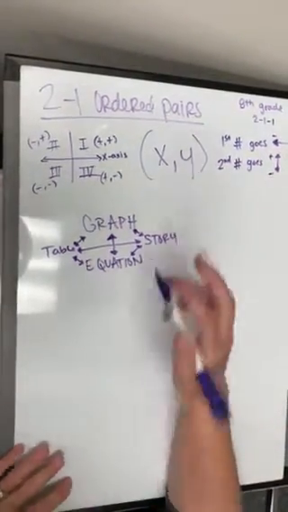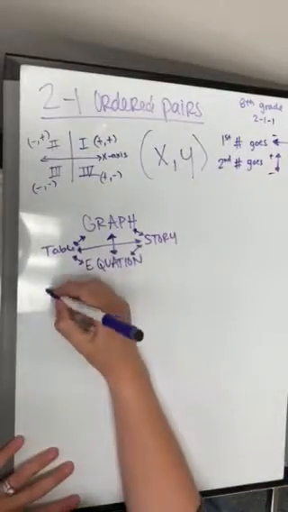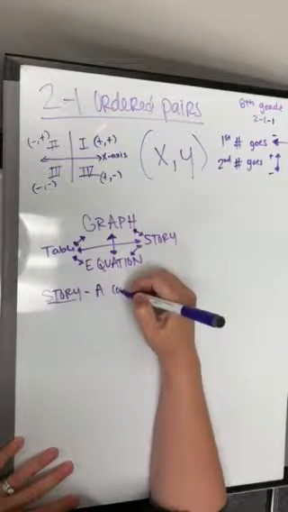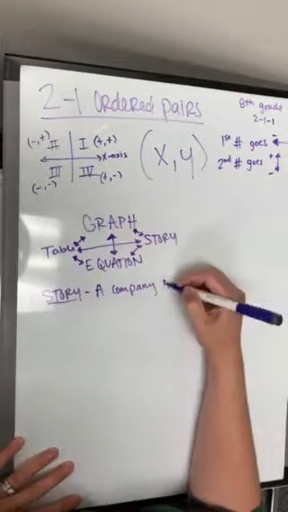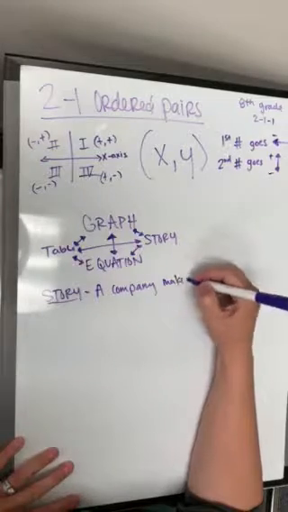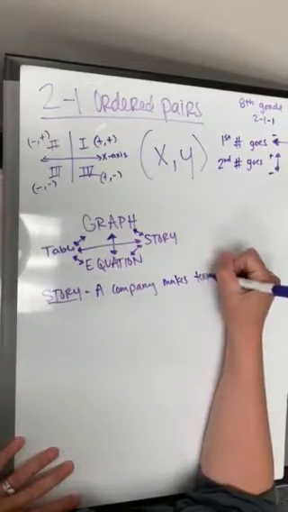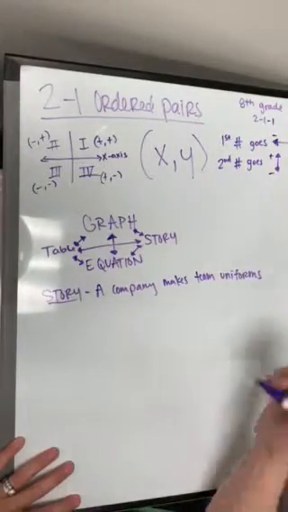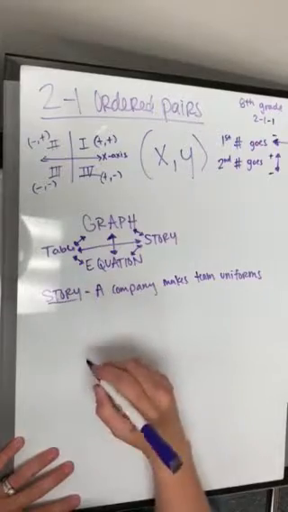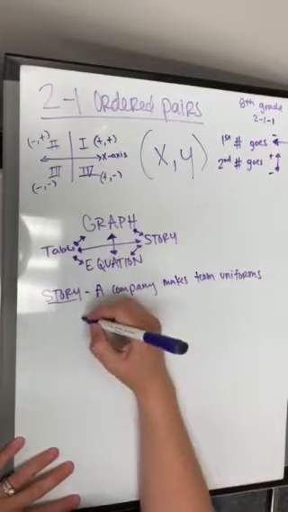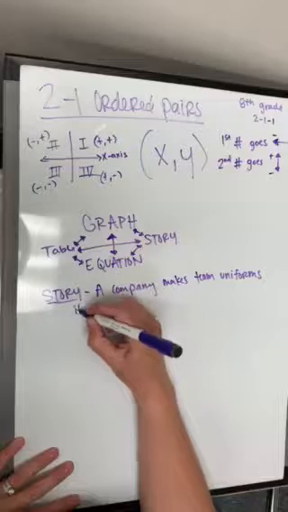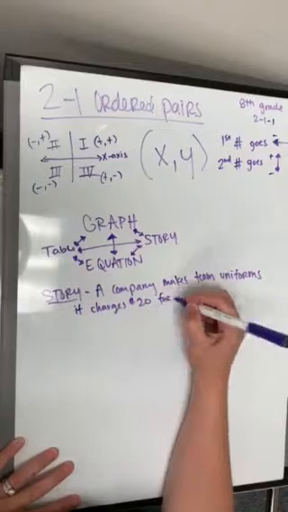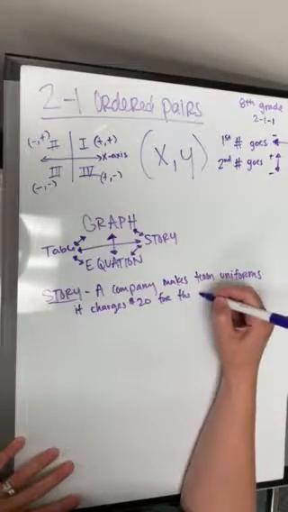We'll start with a story just because it's easier to latch onto that way. So our story is going to be a company makes t-shirts or team uniforms. Let's do team uniforms. And it charges, so a company makes team uniforms, it charges a $20 fee for the artwork.